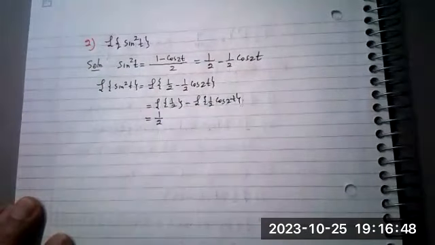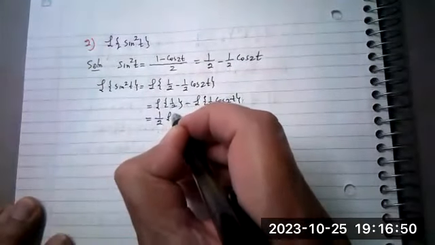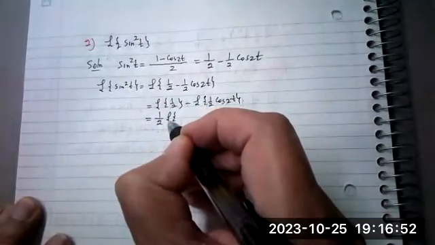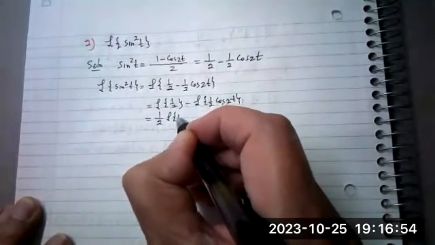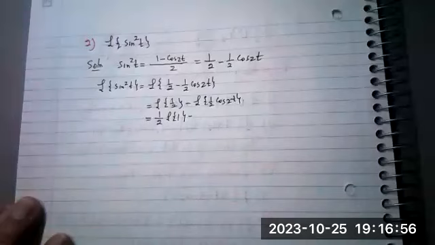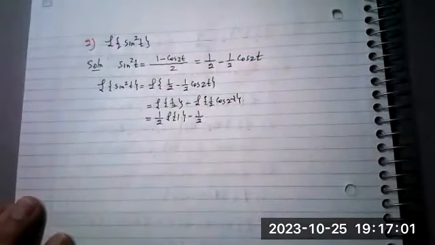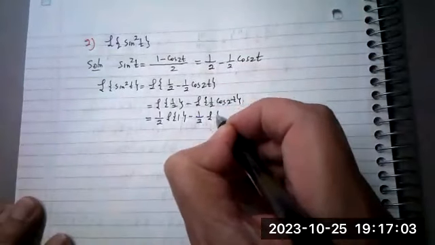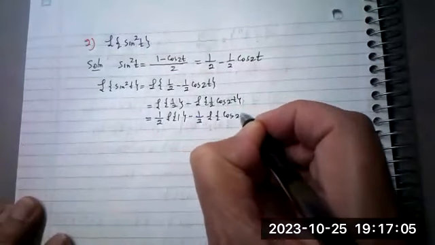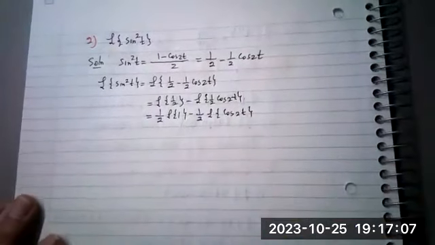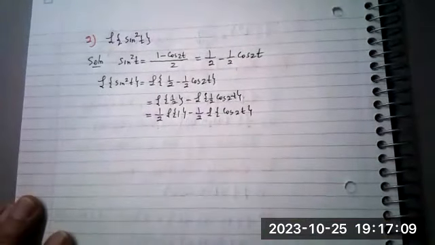What's the leftover? If you pull out the 1/2, what's the leftover here? 1. Very good. Minus 1/2 Laplace of cosine of 2t. And we have the information for all of them. Laplace of 1 is 1 over s. We already talked about it.